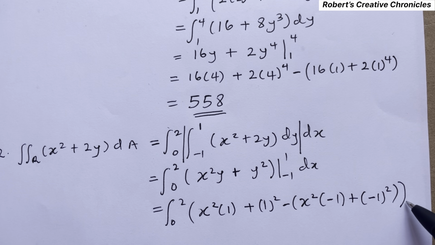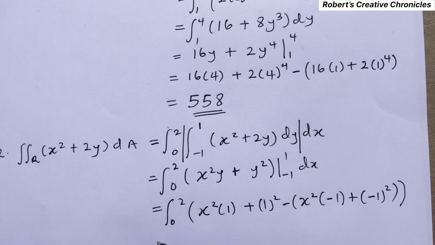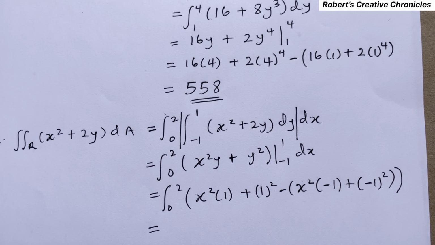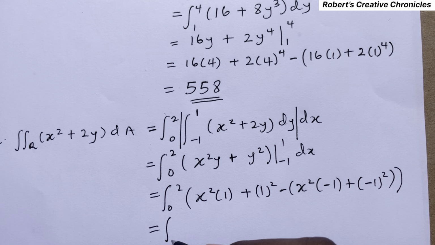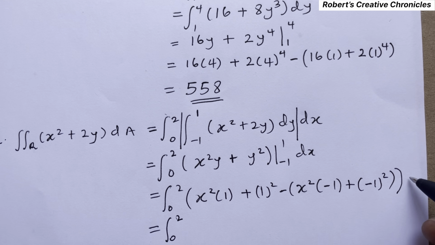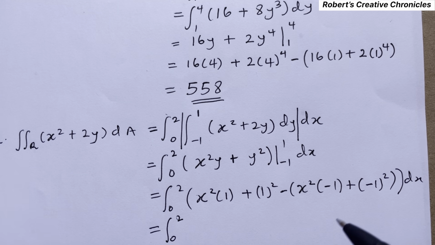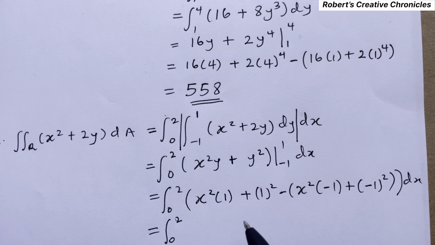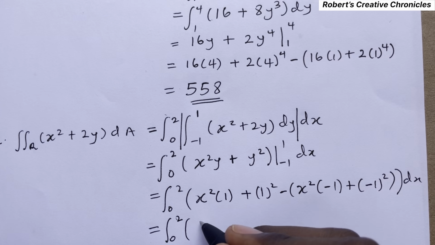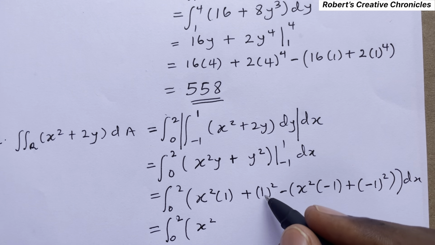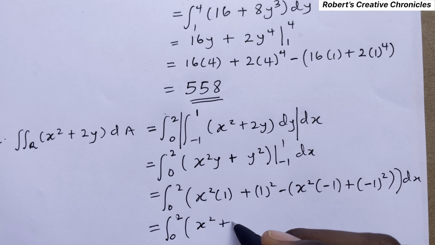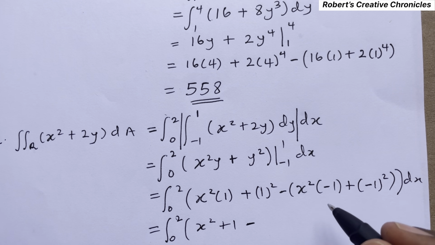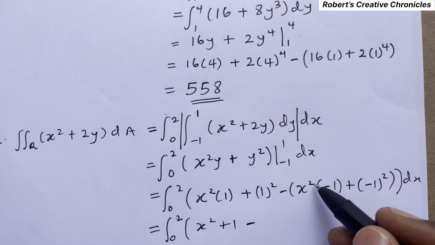This bracket is closing here, this one is closing this one, this one is this one. Then there is the x. So this one becomes x squared plus 1 minus this minus x squared.